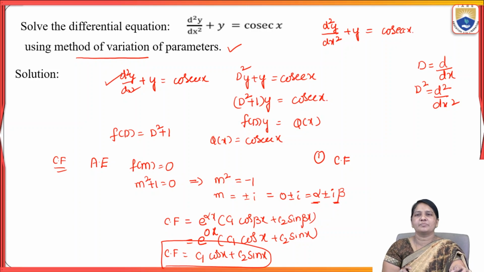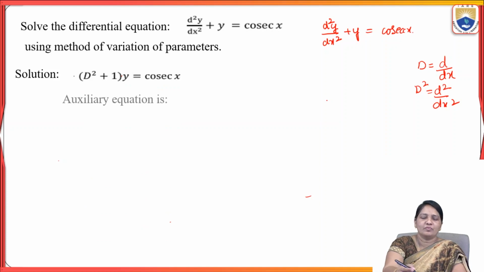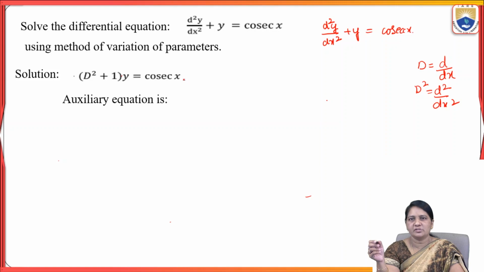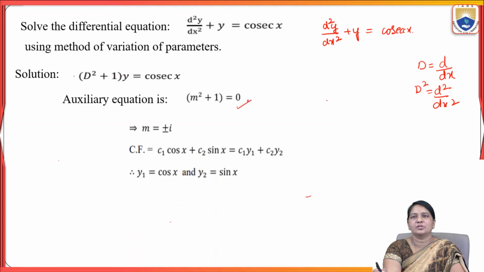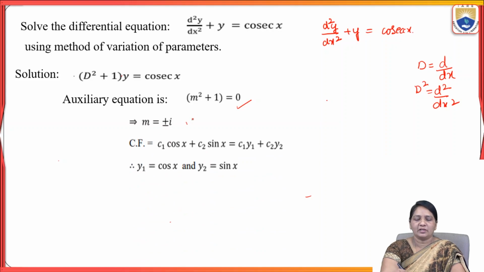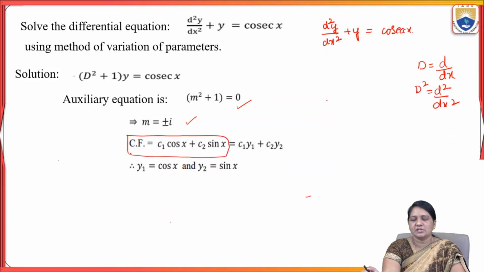So we can observe here, this is the operator form d square plus 1 into y equal to cosecant x. The auxiliary equation is m square plus 1 equal to 0. From that we calculate m equal to plus or minus i. Based on that we write the complementary function, that is C1 cos x plus C2 sin x.